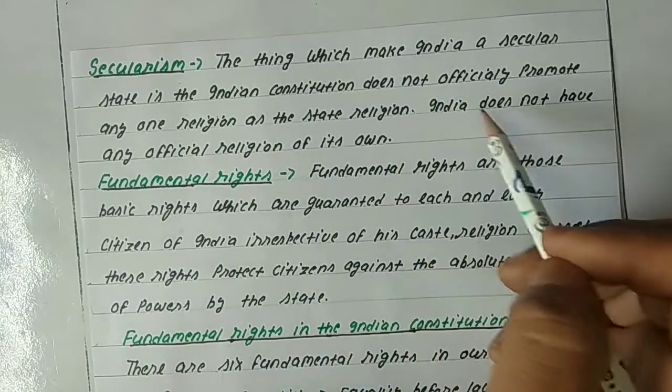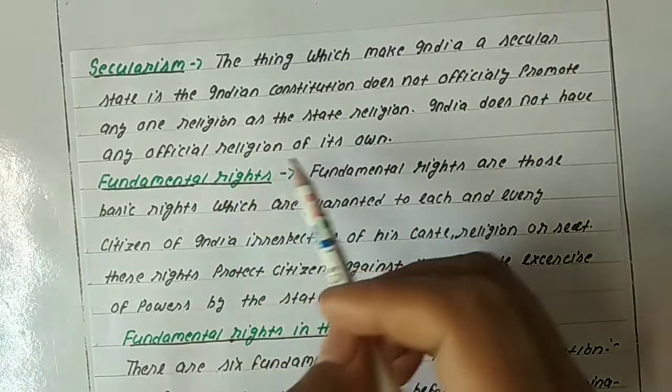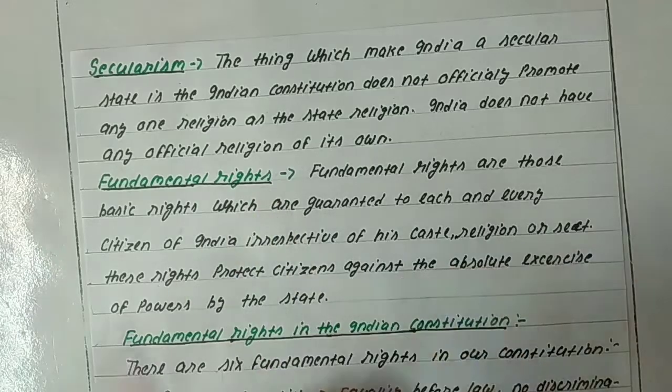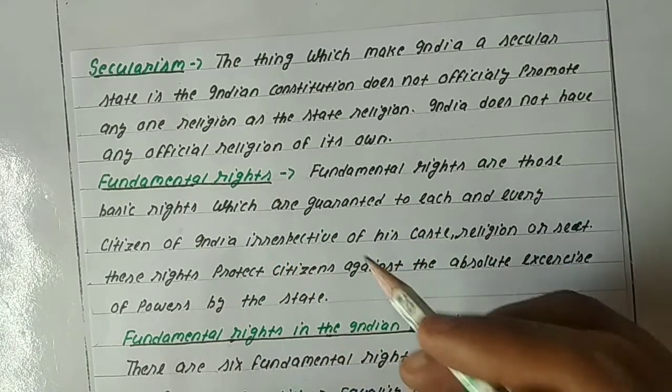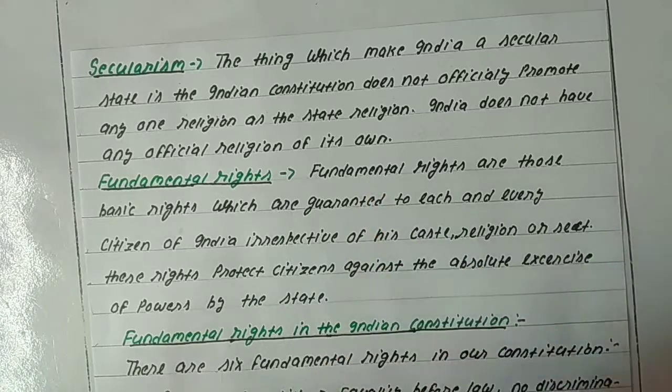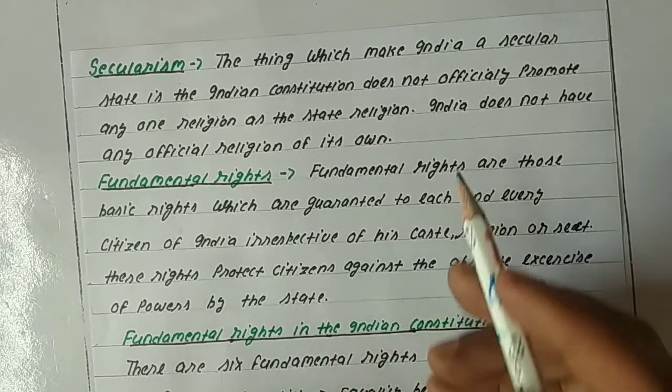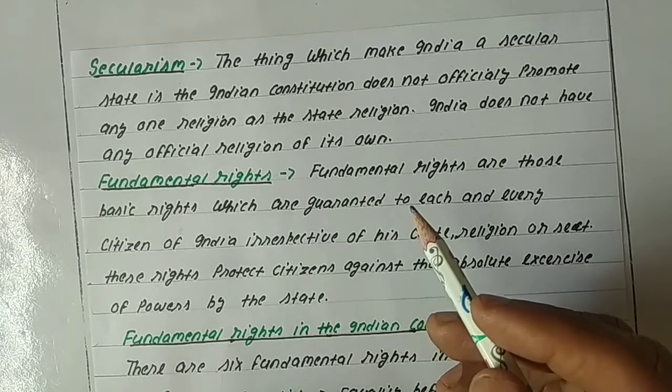India does not have any official religion of its own. Means here all the religions are treated equally and with due respect. So in this context we can say that India is a secular country.